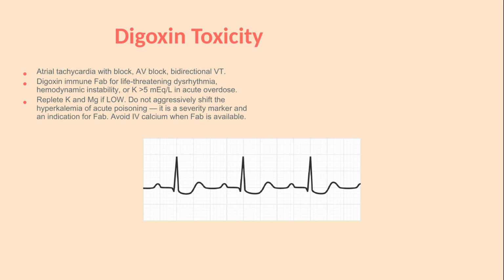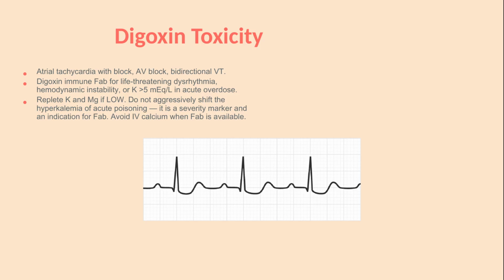The antidote is digoxin immune fab, given for life-threatening dysrhythmias, hemodynamic instability, or significant hyperkalemia in acute overdose, where the potassium level tracks with mortality. Handle electrolytes thoughtfully.